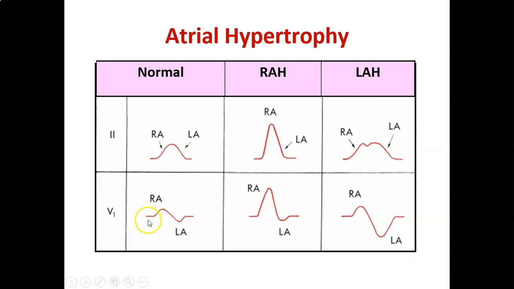Normally V1 is biphasic, so half is above the isoelectric line, that's positive, and half of the P wave is below the isoelectric line, which is negative. But if the initial component of V1 becomes tall and wide, more than 1 mm, this is right atrial hypertrophy. But if the distal component becomes deep and wide, more than 1 mm, it's left atrial hypertrophy.